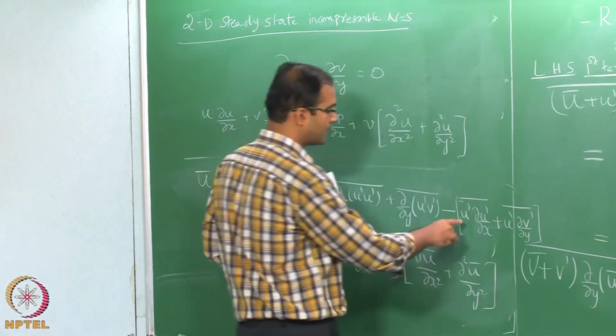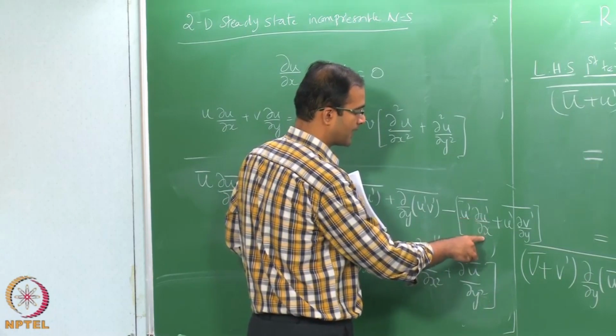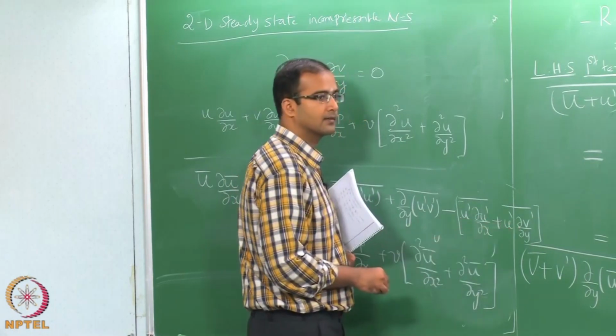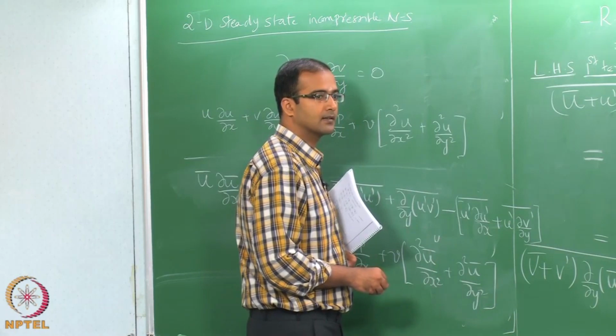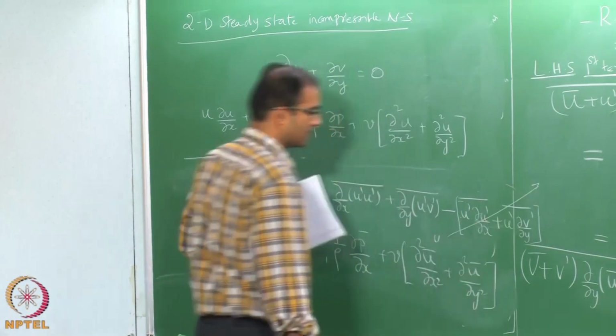If you take u prime common, then we have du prime by dx plus dv prime by dy, which satisfies the continuity for the fluctuating component. Therefore, this will be 0.